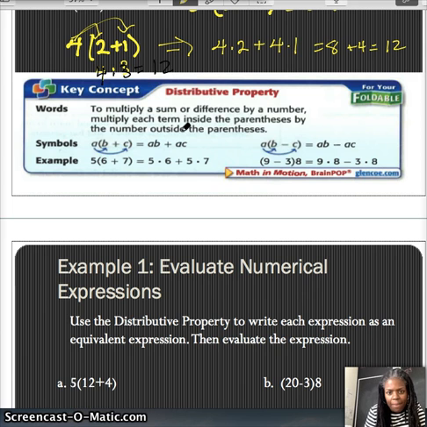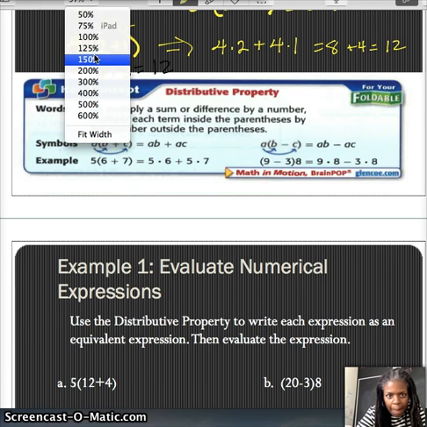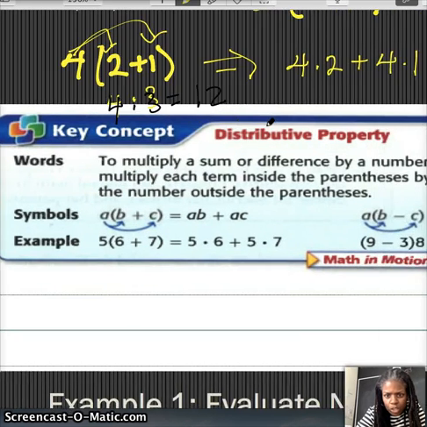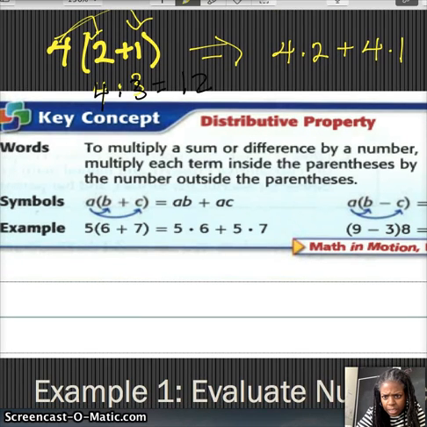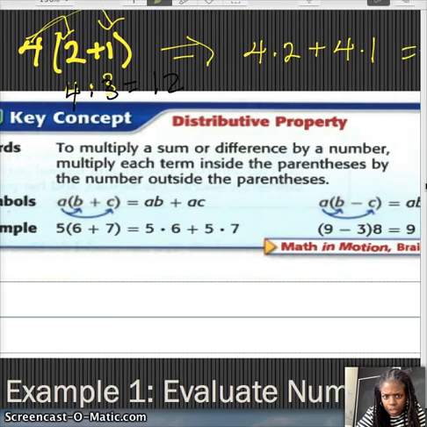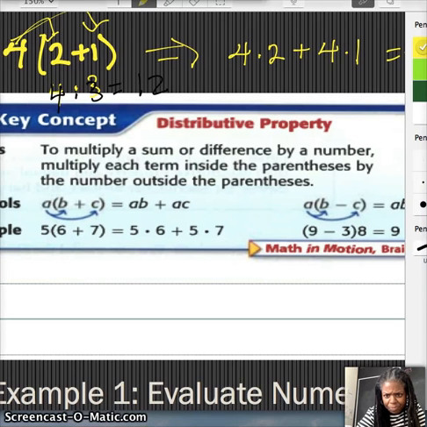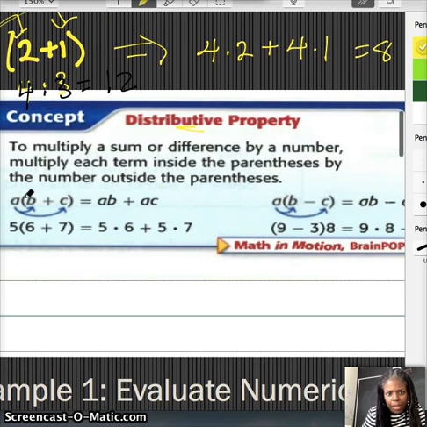You don't have to copy it, but I just want you to see the different ways that this can be written. Let me make this a little bit larger. So what you'll see is that when we're looking at the distributive property, we're basically taking a number outside and multiplying it by each of the numbers that are being either added or subtracted.